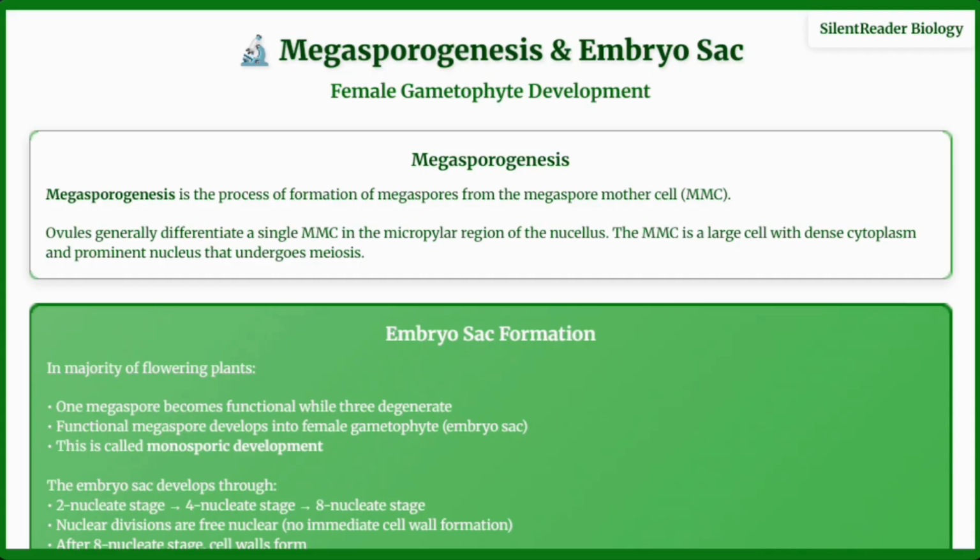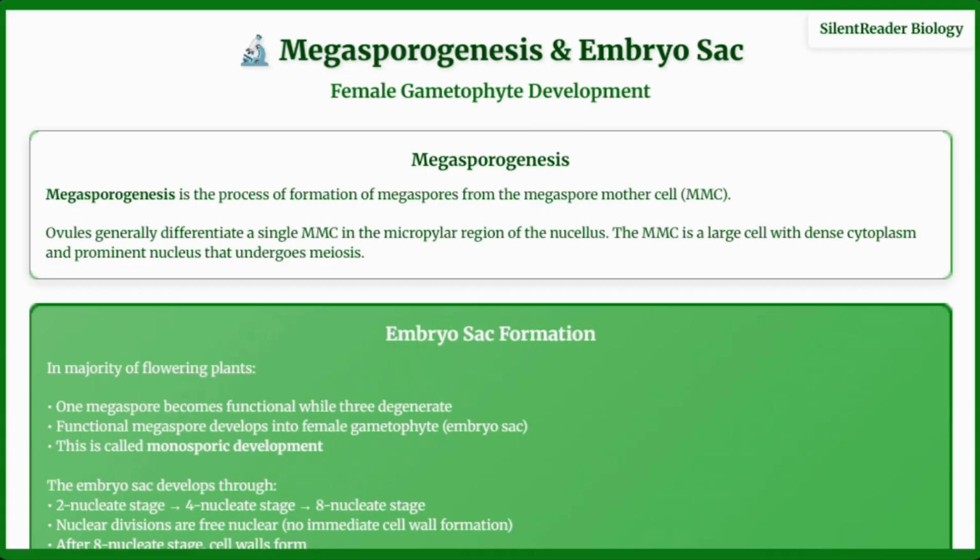Only the functional megaspore develops into the female gametophyte or embryo sac through a process called monosporic development. The embryo sac forms through several stages. First, the nucleus of the functional megaspore divides mitotically to form two nuclei that move to opposite poles, creating the two-nucleate embryo sac.